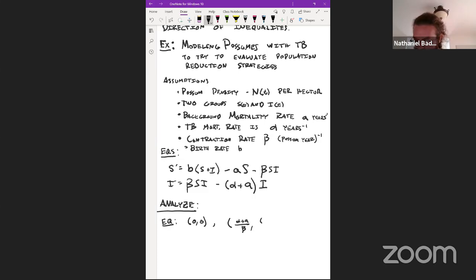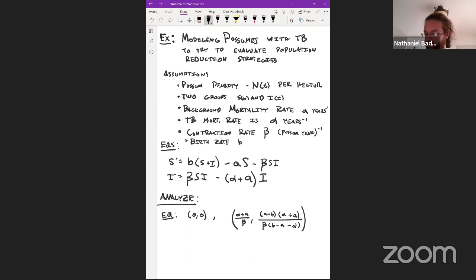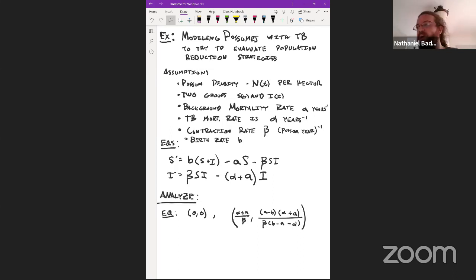But it's going to be A minus B, so the overall birth death rate, alpha over A, divided by beta times B minus A minus alpha. So it's a little bit complicated, but it's not too hard. I had you guys go and figure it out.